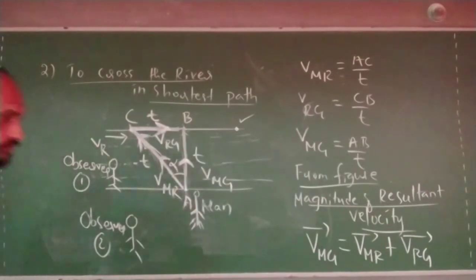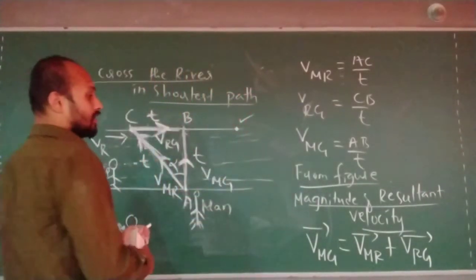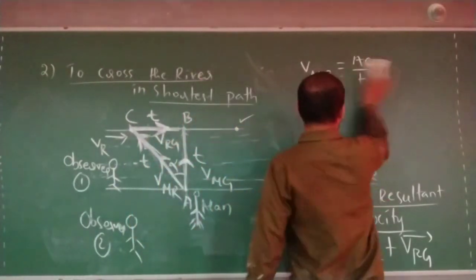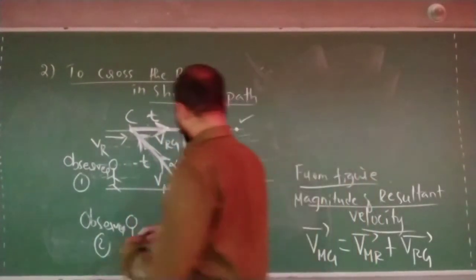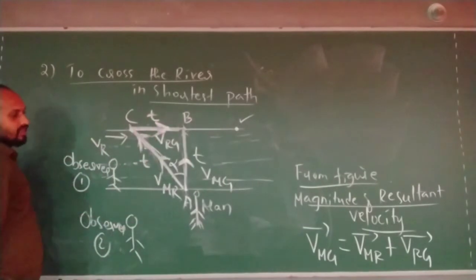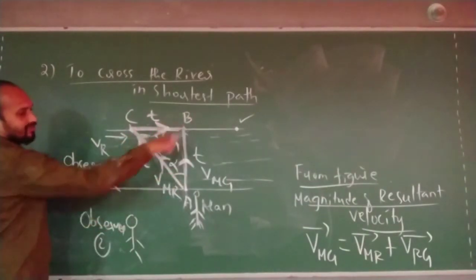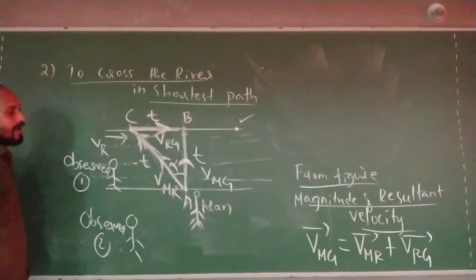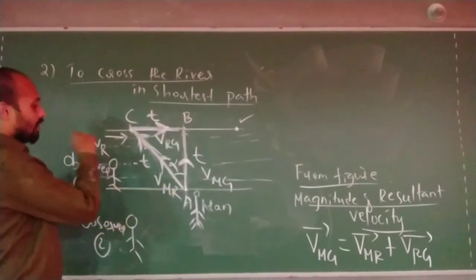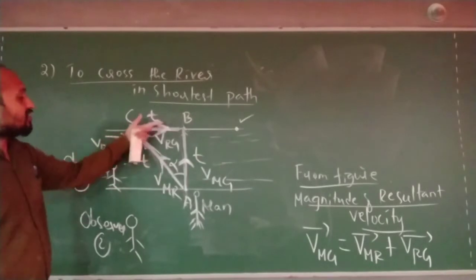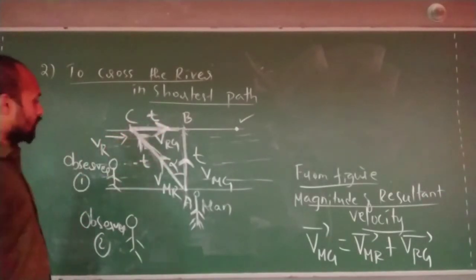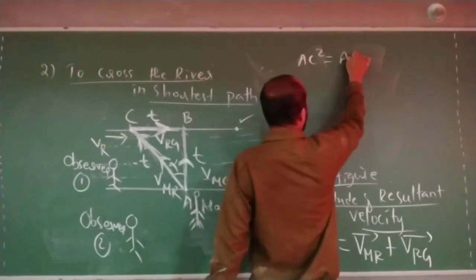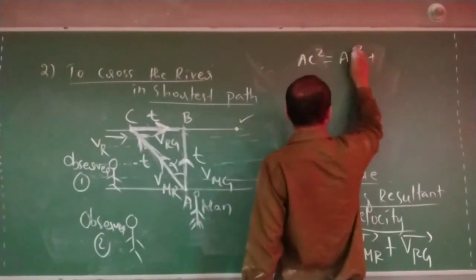Okay? So, if you want to find the magnitude of the resultant of these two, from this triangle, I can write what?